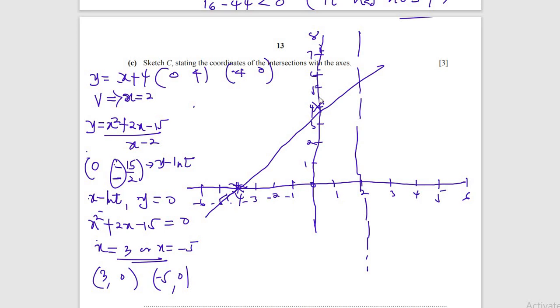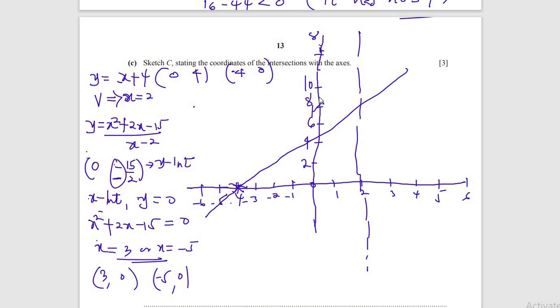Okay, let me reduce the scale for this x. Let's say this is 2, 4, 6, 8, 10. This is the asymptote.